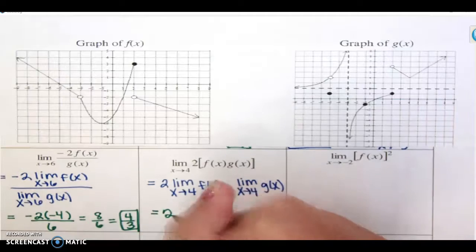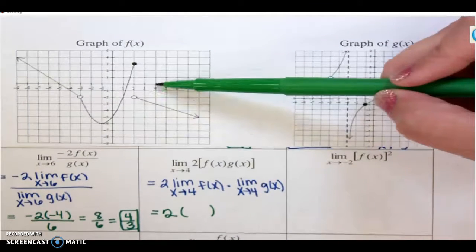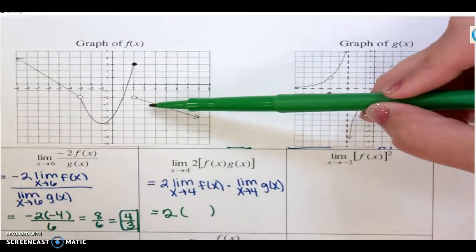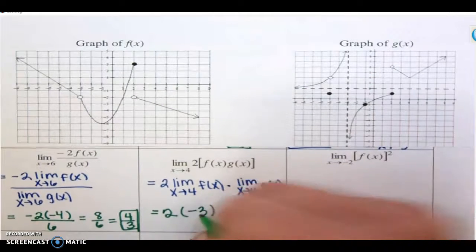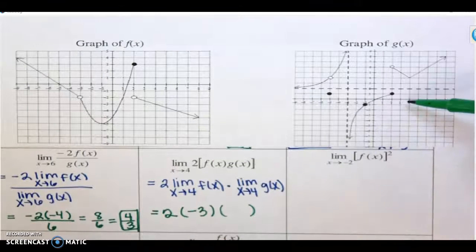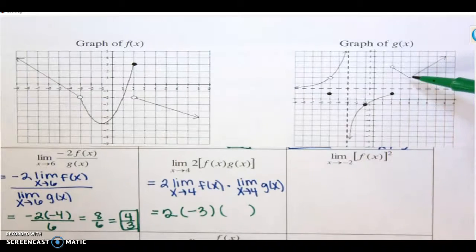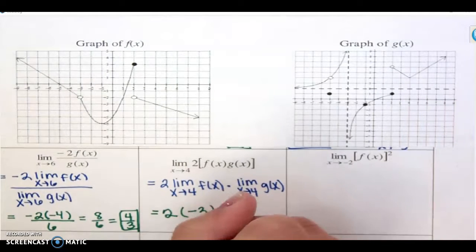We need to figure out the limit of f of x as x approaches 4. So here's 4. As you come in from the left and you come in from the right, they're both approaching -3. And then we're going to do the limit as x approaches 4 for g of x. So as you come in from the left and the right, it approaches that y value of 4. So we're going to have -24.